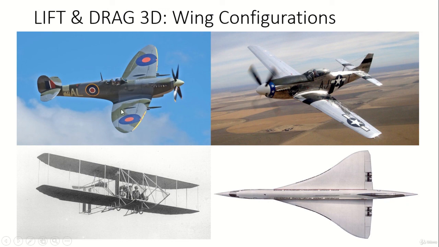However, it was difficult to construct effectively and rapidly. This is the Mustang, the P-61 Mustang, if I remember correctly, from the United States. You can see it's just a tapered wing. As we saw before, a wingtip would be okay in order to avoid some of the induced drag that we mentioned.